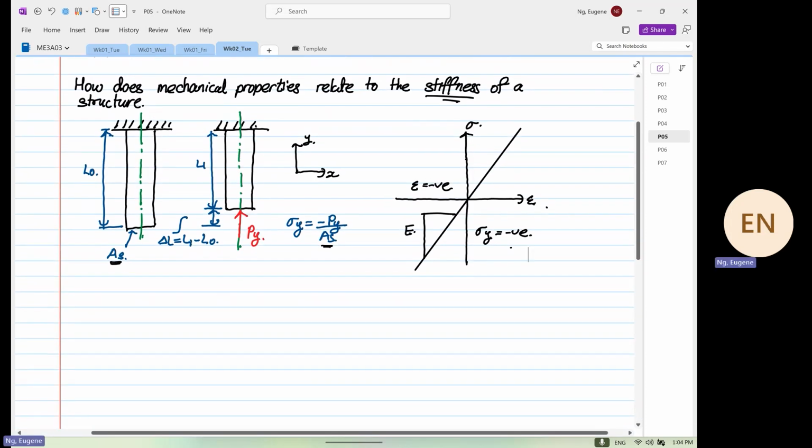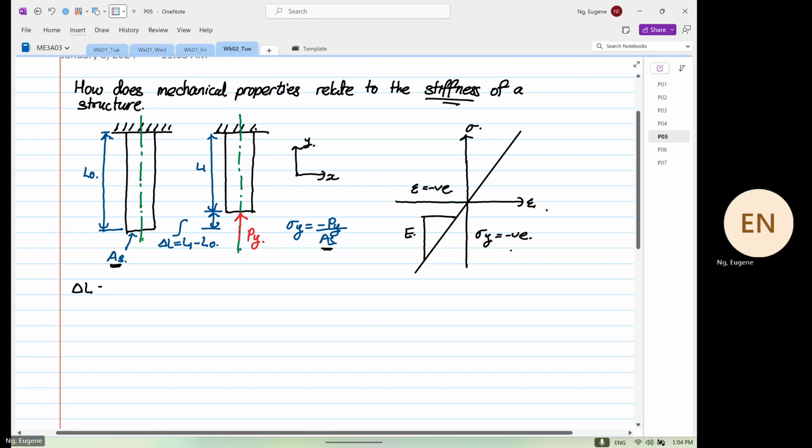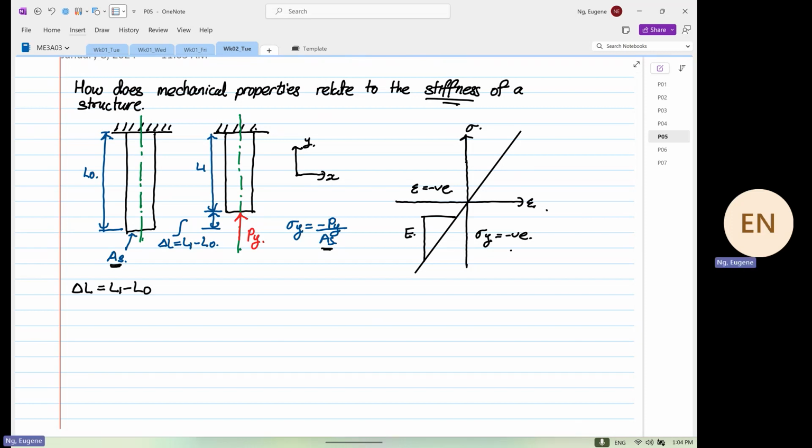Right? So from here, I'm going to write out a few equations for you to have a close look. So we know that delta L is equal to L1 minus L0. And under compression, we know that L1 is going to be what? Smaller than L0.